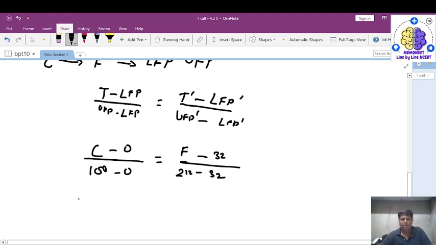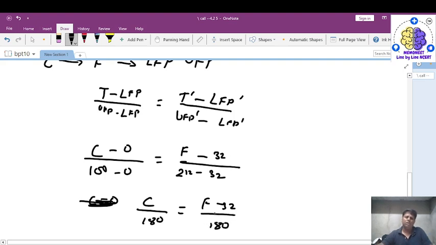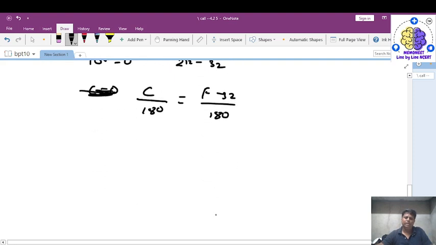So what we get here is C minus 0, or simply C, upon 100, is equal to F minus 32 upon 180.